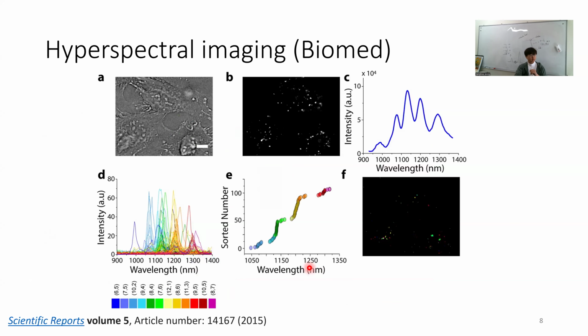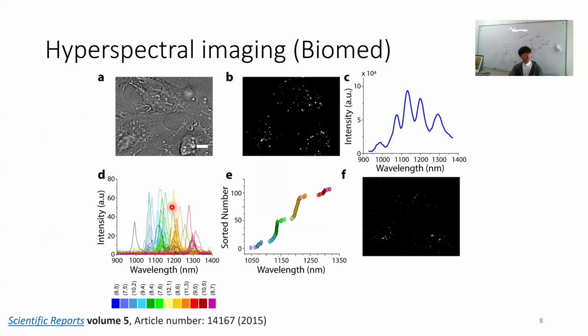For example, in biomedicine, if we can detect each carbon nanotube chirality, for example in cells, when carbon nanotubes were incubated and started to infiltrate inside the cells. So in the usual spectrum, it looks like that because many chiralities exist.